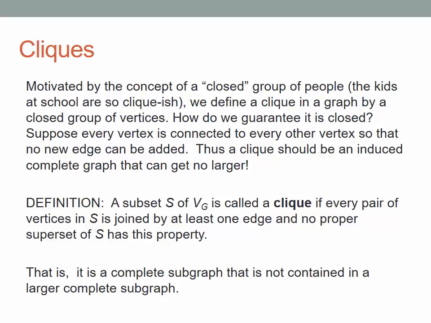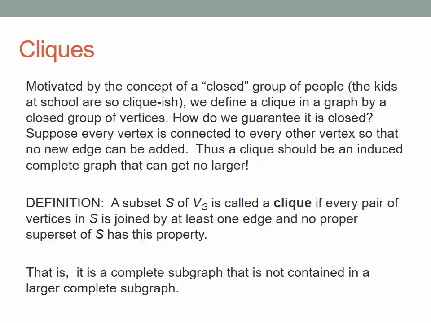In particular, the definition is: a subset S of the vertex set of G is called a clique if every pair of vertices is joined by at least one edge, and if it's a simple graph, by an edge. And no proper superset of S has this property.